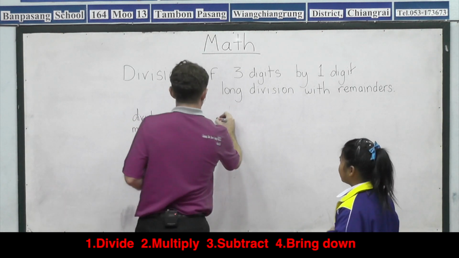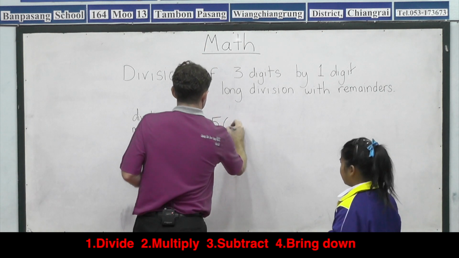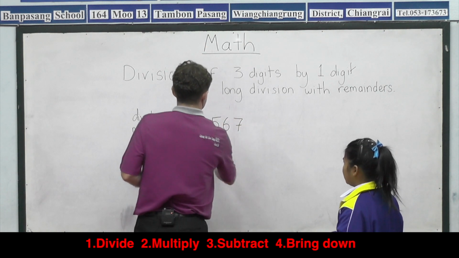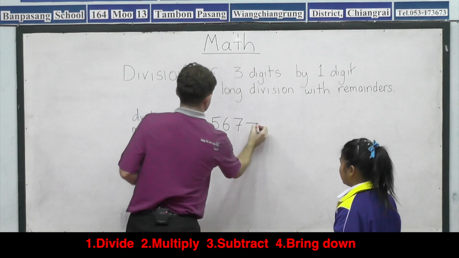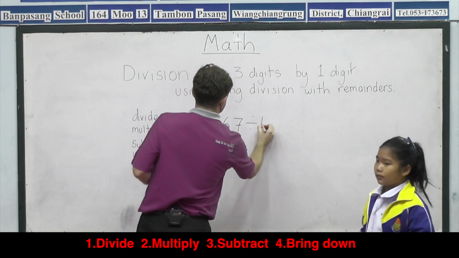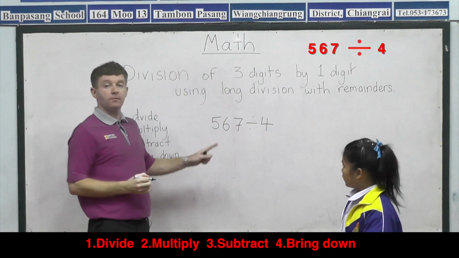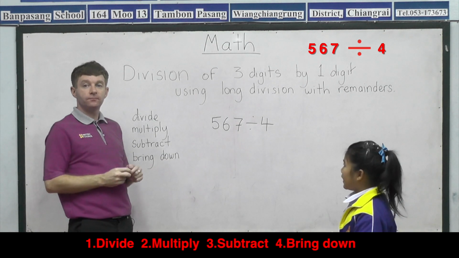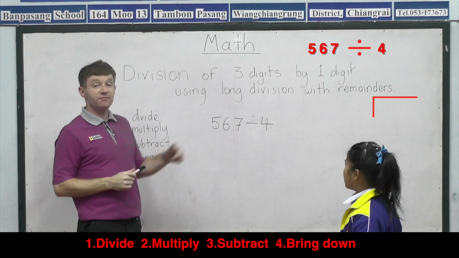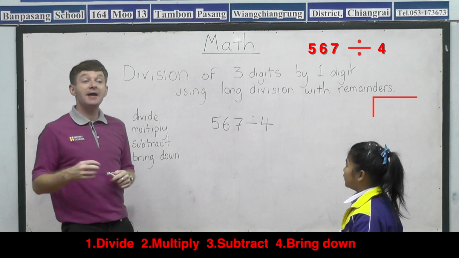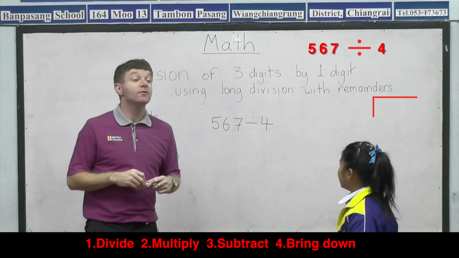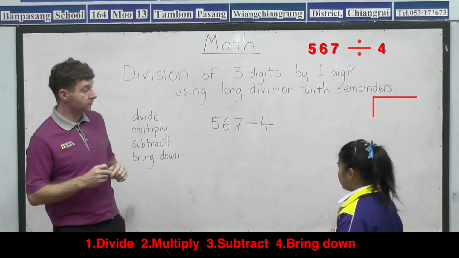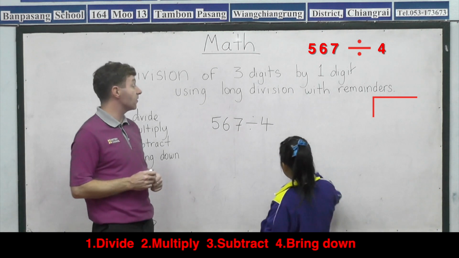So I will write 567 divided by 4. Okay, so first thing we need to do, we need our division table.